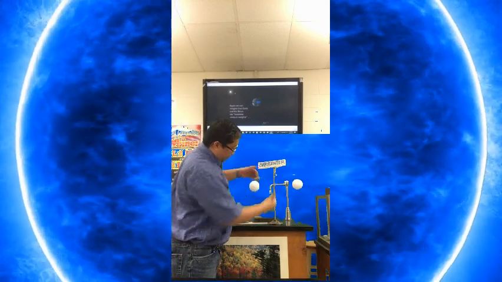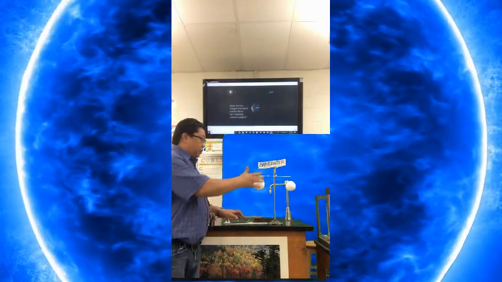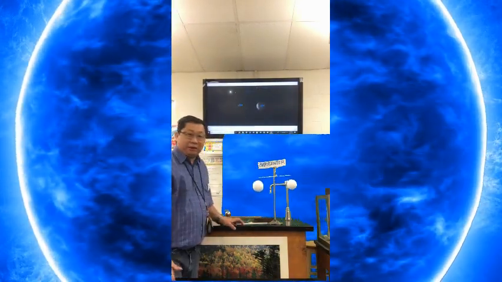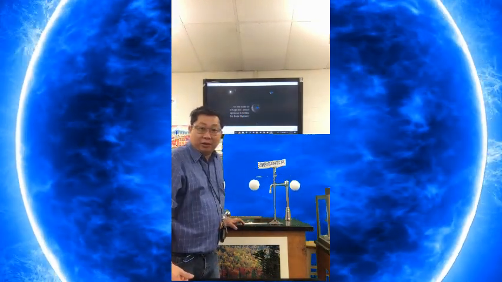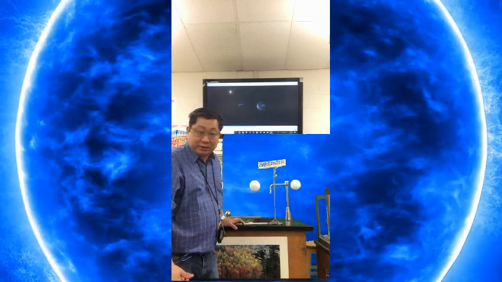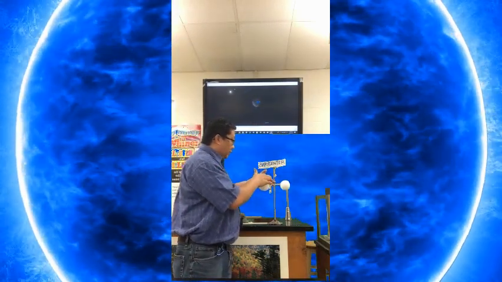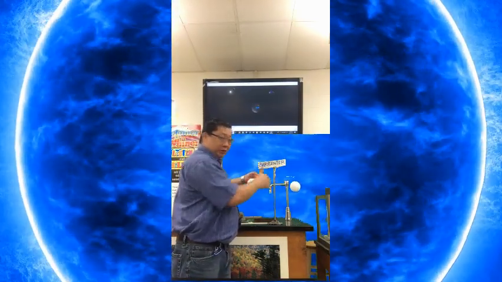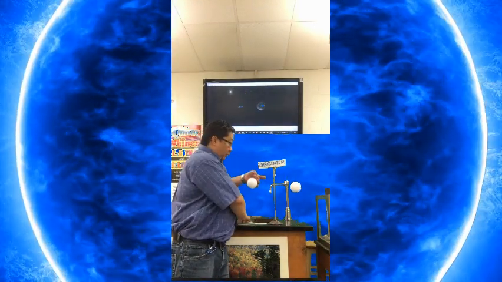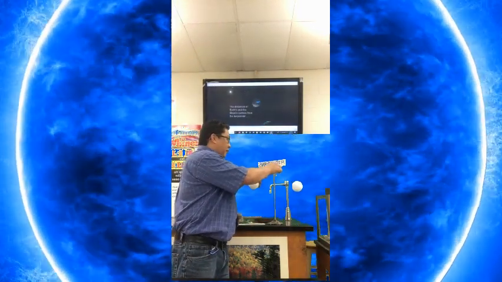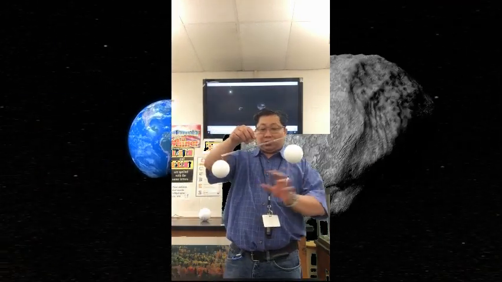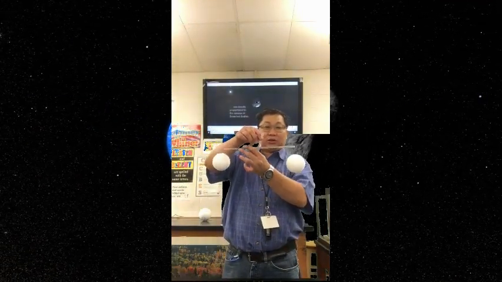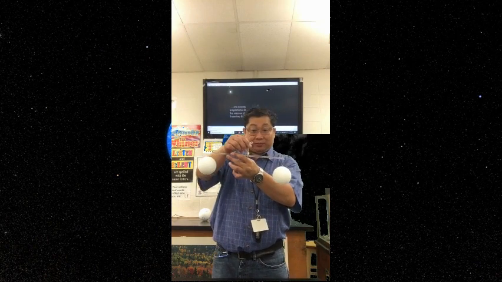You would see here that the center of gravity of two styrofoam balls representing objects in space is found directly in between the two, or in the middle, because they have the same mass. Now, let's say that these two objects represent two stars in a binary solar system.